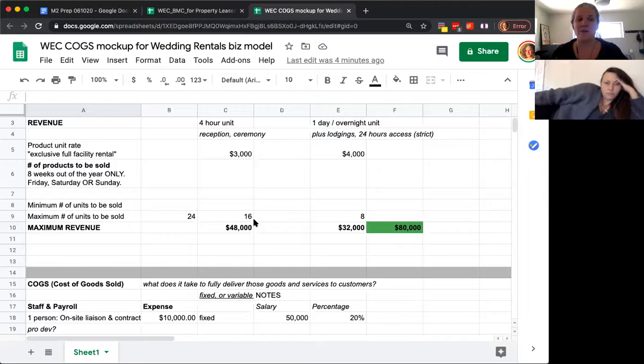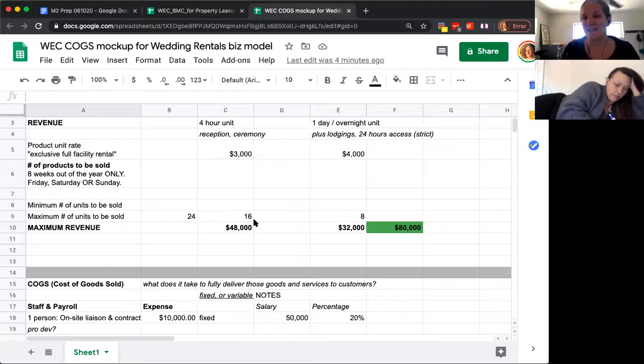When you start doing market research, you might learn the standard profit margins for businesses in this industry, for facilities that rent to weddings. What do they tend to earn? What do they tend to lose in terms of profit margin? So that's the basic concepts, and that's as far as we were going to get today anyway, just the back of the napkin profit margin.